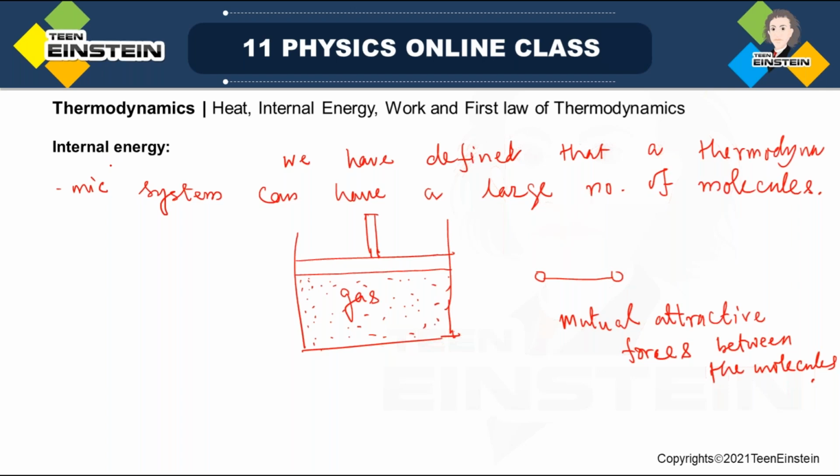So the internal energy of a system means the total energy of a system, like here the total energy of the gas. How many types of energy this gas can have is what I'm going to discuss. If two molecules have a mutual attractive force, then working against this molecular force will give rise to a stored energy that is called molecular potential energy.